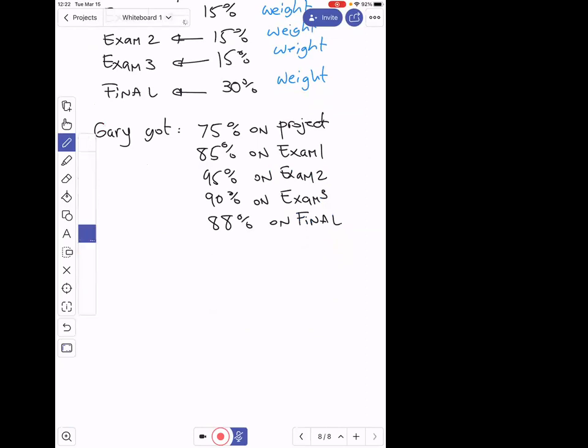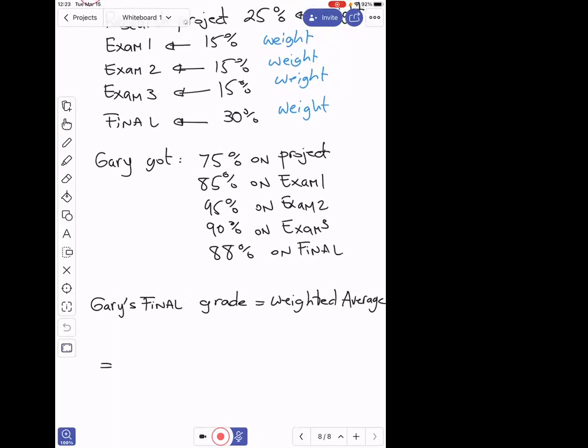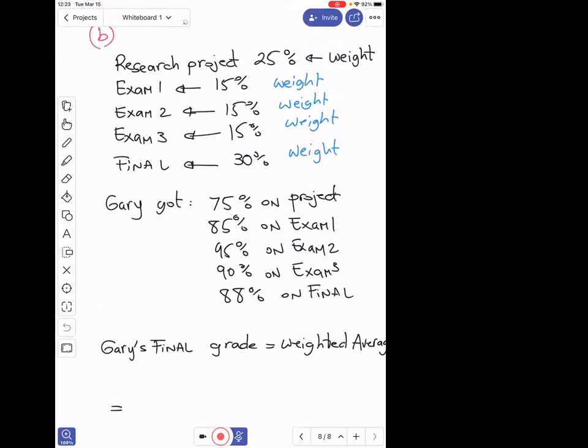So Gary's final grade would be a weighted average. What we do, guys, is multiply each score by the corresponding weight.